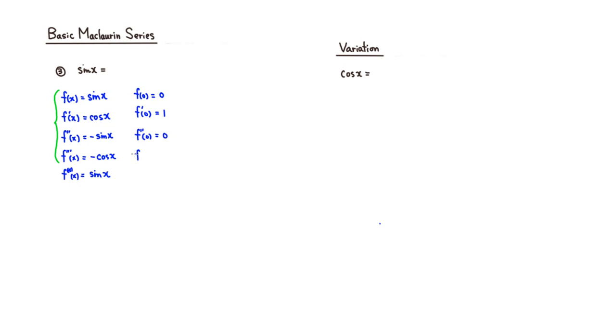Then the third derivative at x equals 0 is negative cosine of 0, which is negative 1. And the fourth derivative, of course, is the same as the original function, so it's going to be 0. So this pattern just keeps on going.